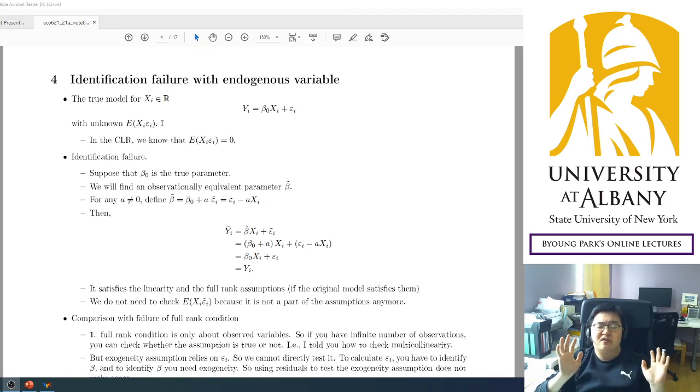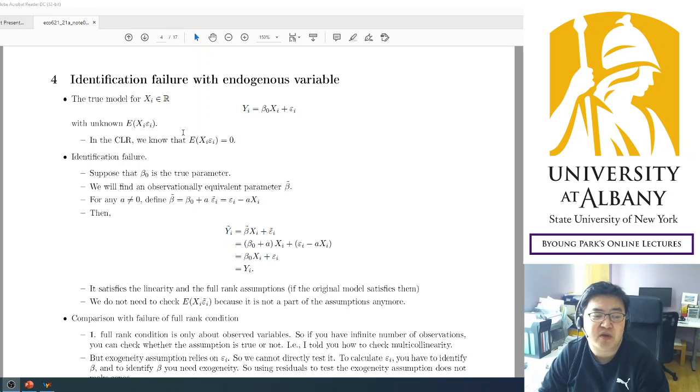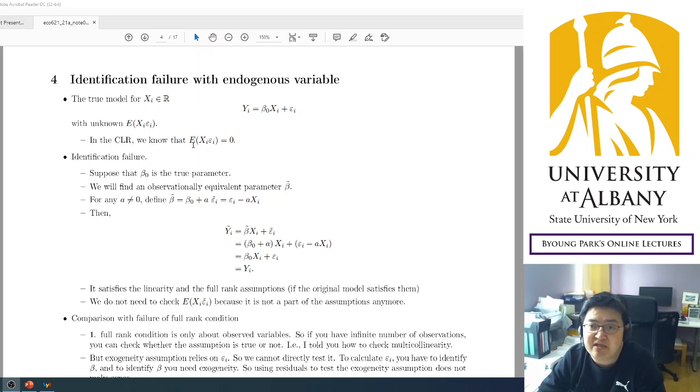In the classical linear regression model, we knew that the correlation was zero because of the exogeneity assumption. But now it's free. It's not restricted. It could be any number, could be zero, could be non-zero. So that's the main difference.